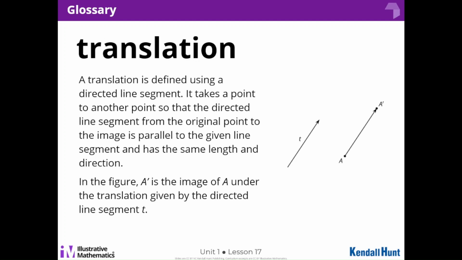So if we look at this, we have directed line segment T. Then we can do a translation to go from point A to point A prime, and now it is parallel to that line segment T, and they are both directed line segments because of the arrows on one end.